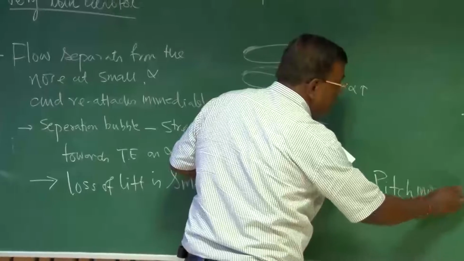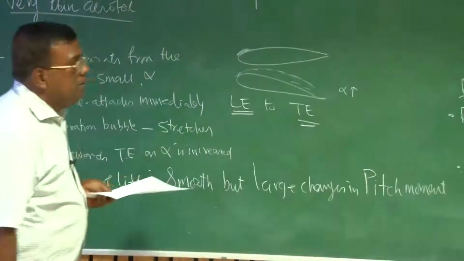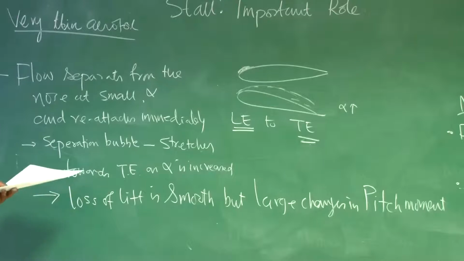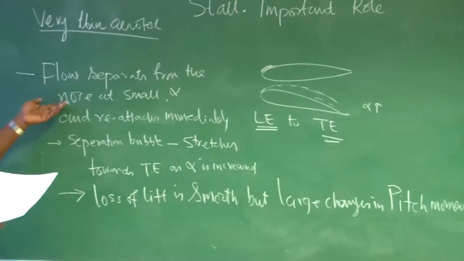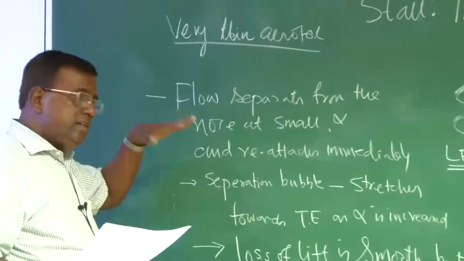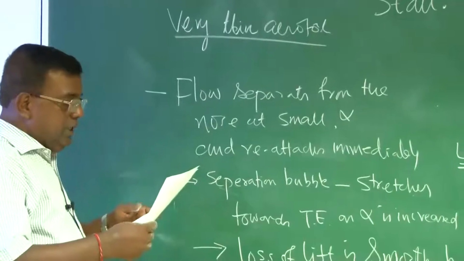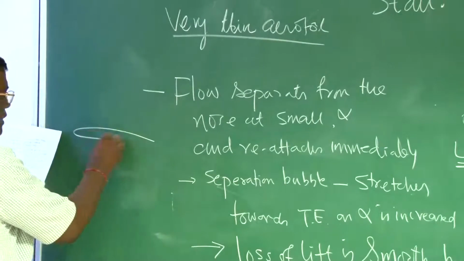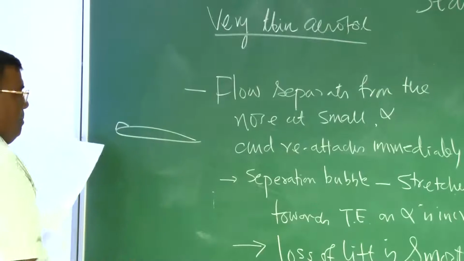That is the difference, very thin, maybe 2, 3%, 4% t by c. You'll find flow separates from the nose at small angle of attack and reattaches, same. Separation bubble stretches. So it is something like this. If this is thin, there is a separation bubble.